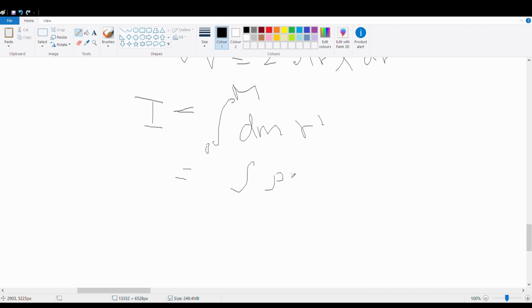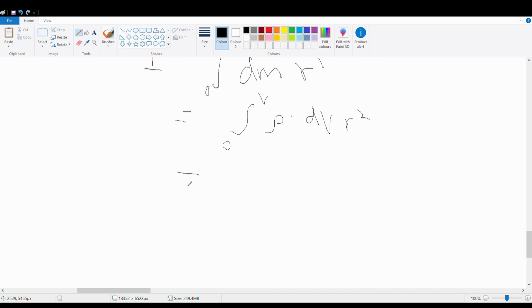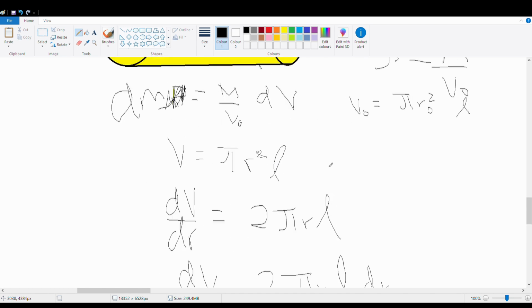rho into dv r square, 0 to l, all the volume, because it's actually still dv. So we're going to take rho out, and we're going to write this as 0 to r naught dv.